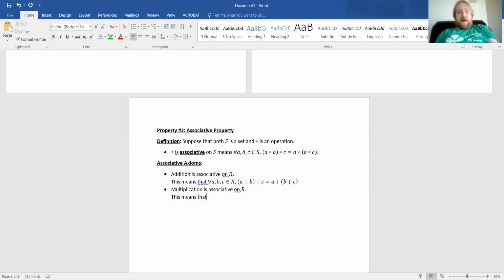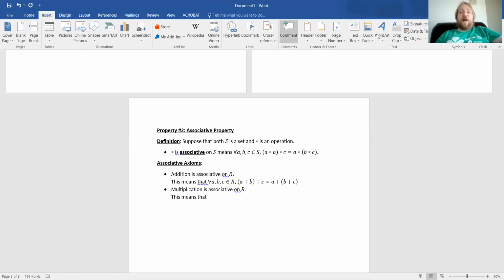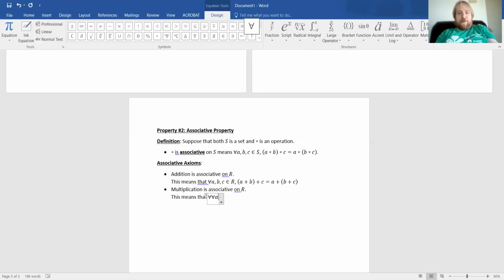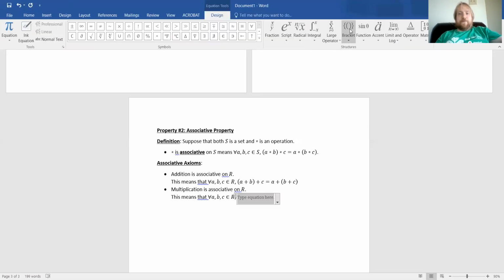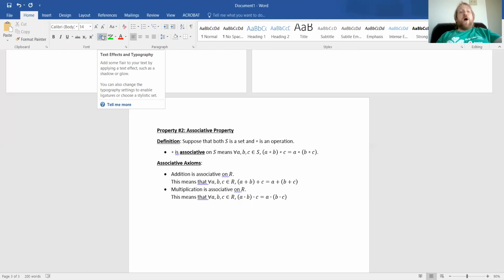And this means that for every three elements A, B, C in the reals, A times B, times C, equals A times the quantity B times C. You would have seen these properties in your high school algebra textbook, probably without the scary looking for all quantifier.